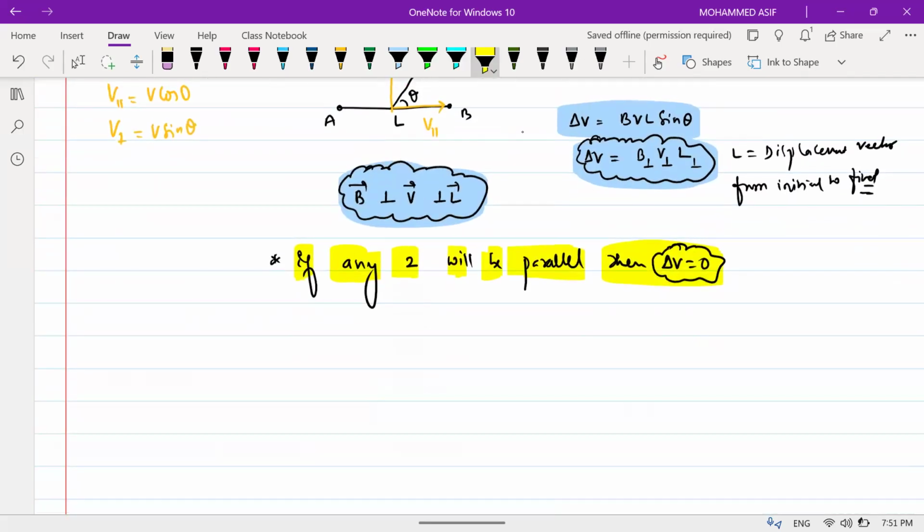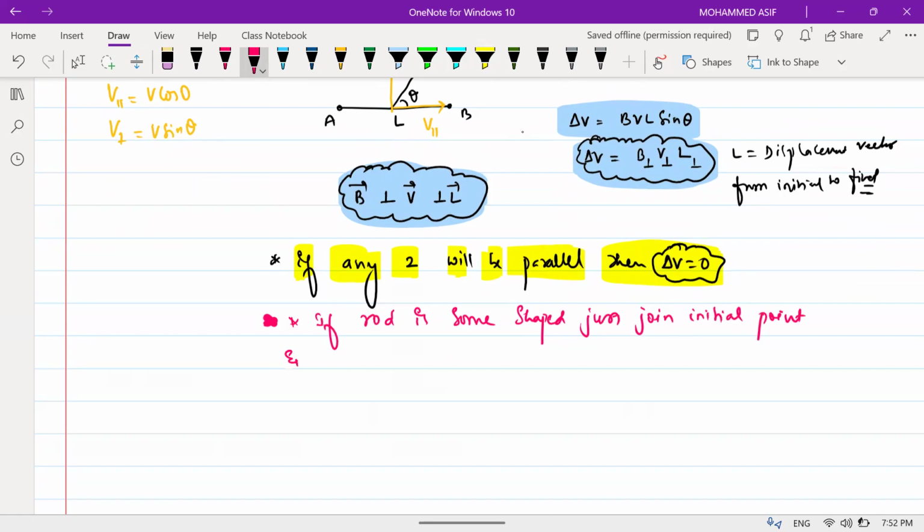Okay. Read one more. If the rod is in some shape, just join the initial point and the final point.